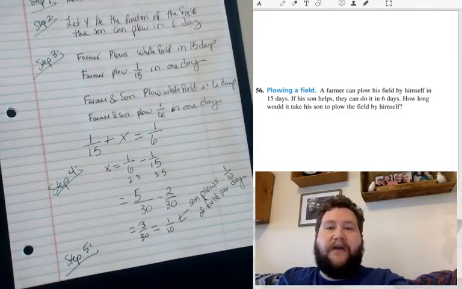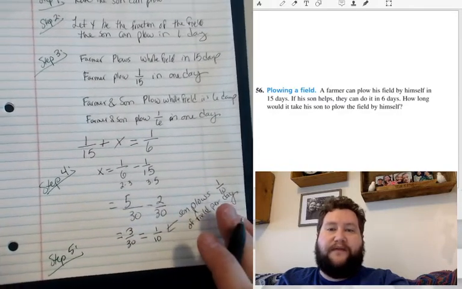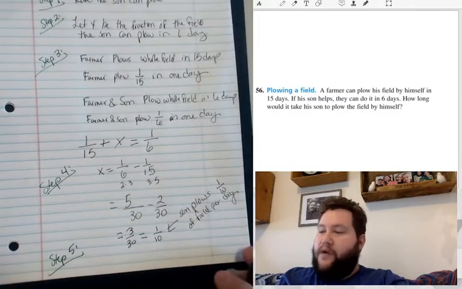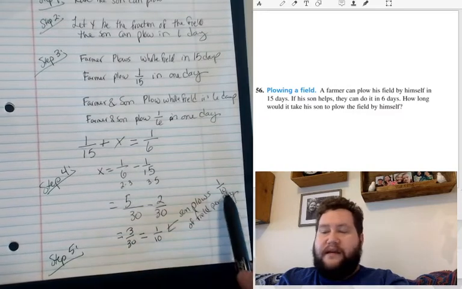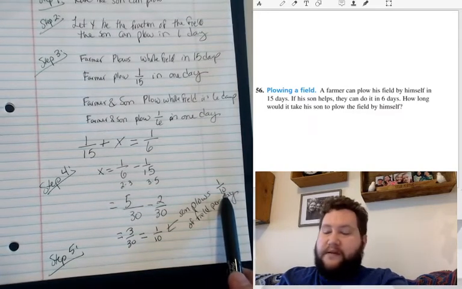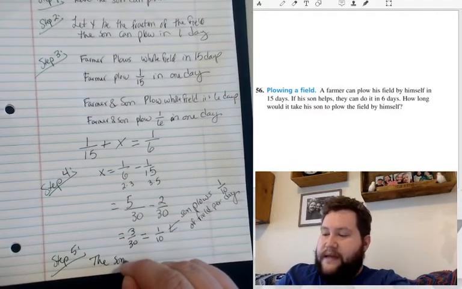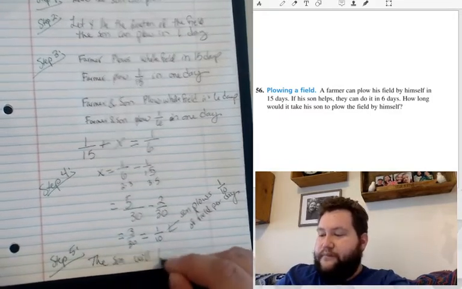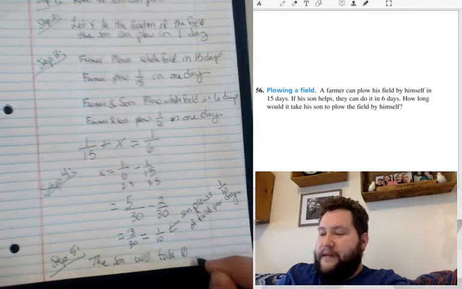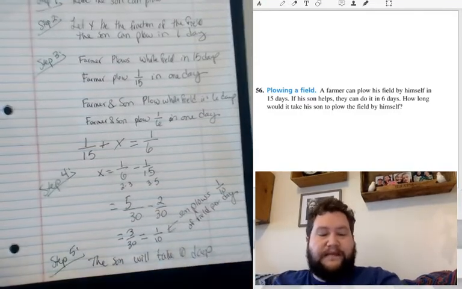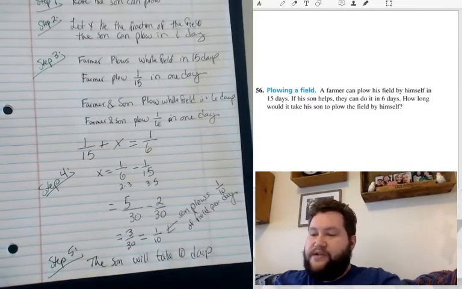It says, how long would it take his son to plow the field by himself? Well, if he can plow 1/10 in 1 day, it'll take him 10 days. The son will take 10 days.